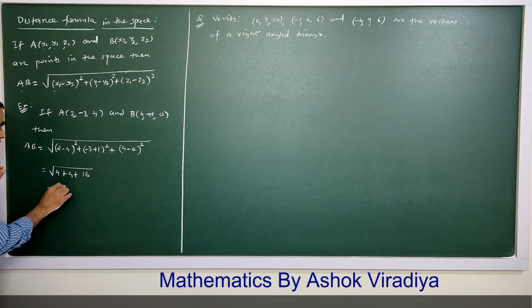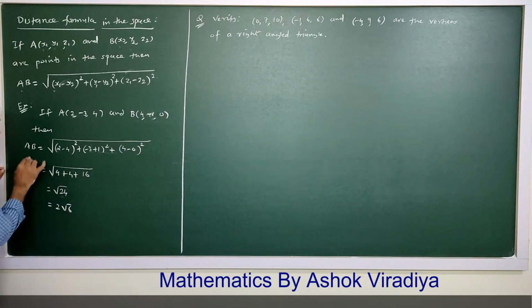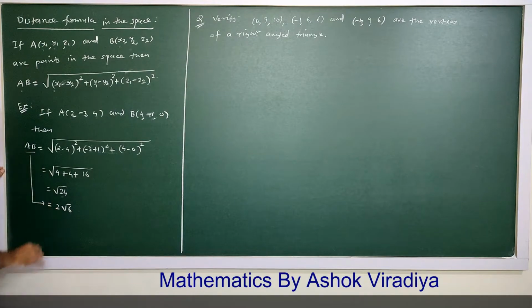So it is the square root of 24. 24 is 4 into 6. So this is 2 root 6. So the distance between these points is 2 root 6.